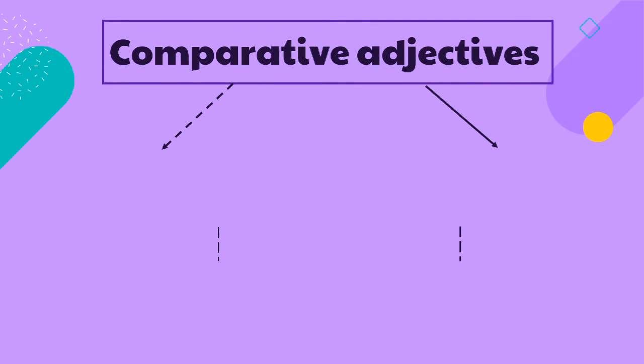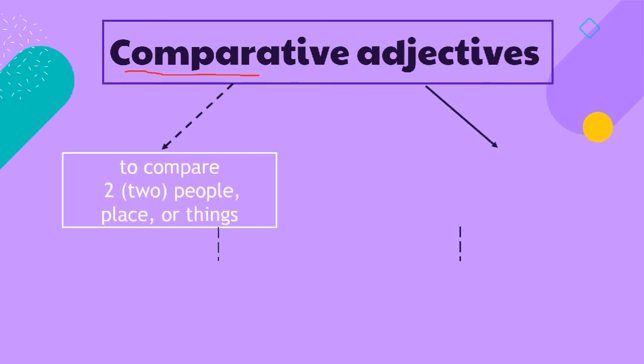Okay, so here it is, the main lesson for today. Comparative adjective. Comparative adjectives come from compare. Compare in bahasa we call membandingkan. That's why the function of comparative adjective is to compare people, like me and you and your sister, you with your dad, or you with anybody, place, or things.